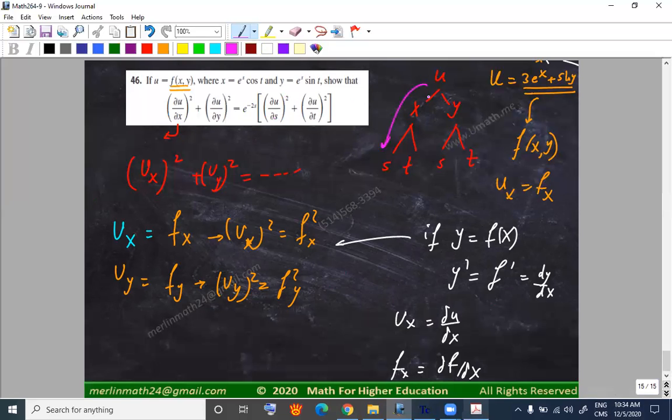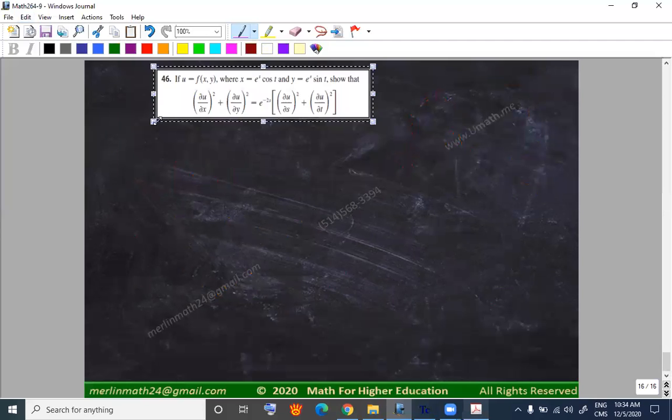So u_s would be u_x x_s. Let us write it. How much is u_s? Again, the tree is u in x, y, then s, t.